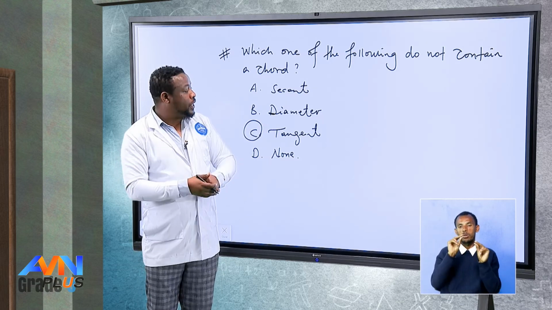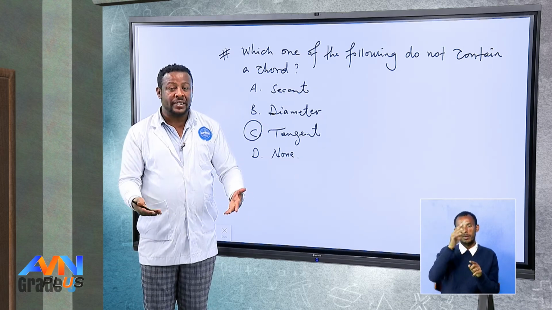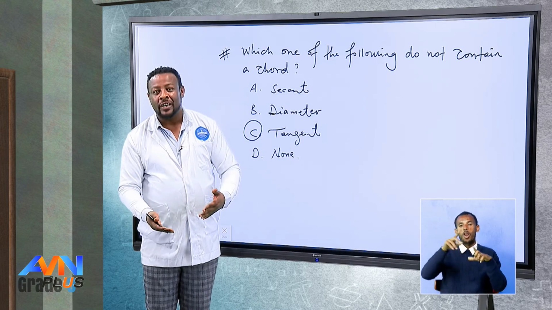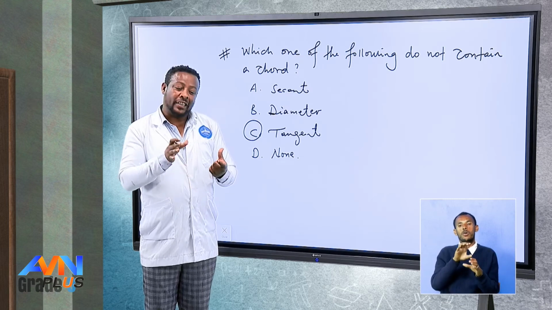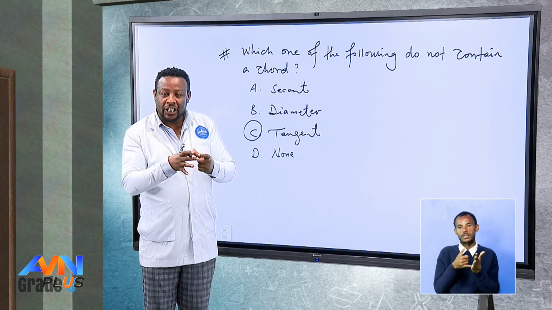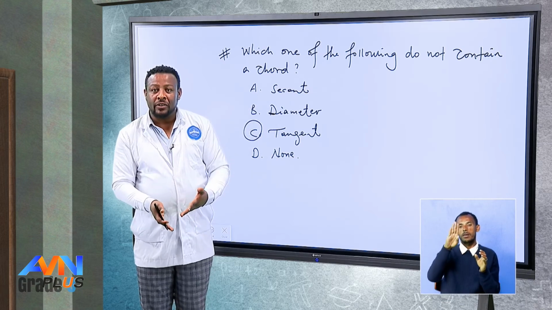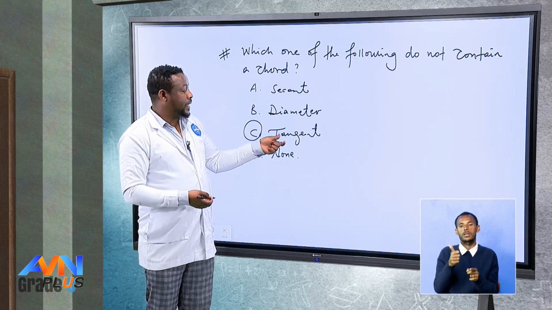When you come to the B part, in B it says diameter. As you all know, diameter is the longest chord passing through the center, so it has a possibility of containing the chord. So A and B cannot be the answer. Why we said C?